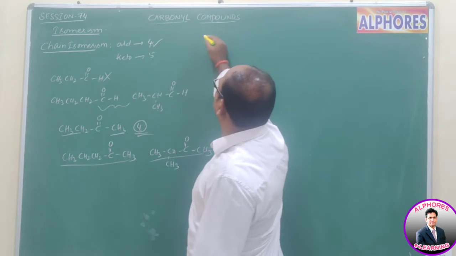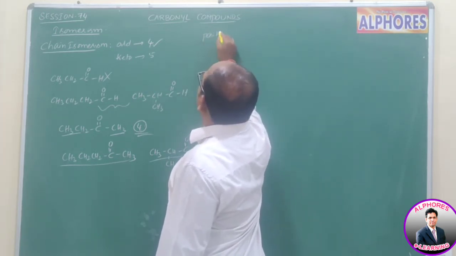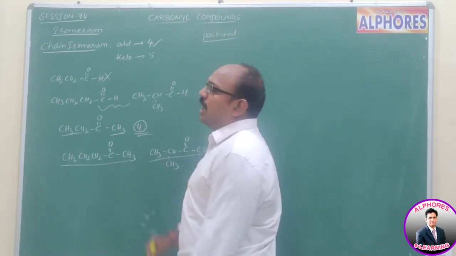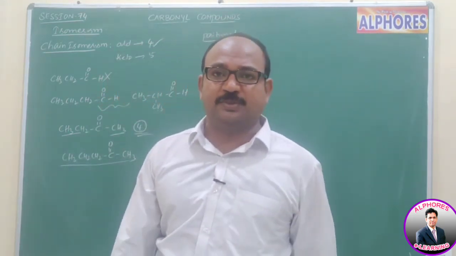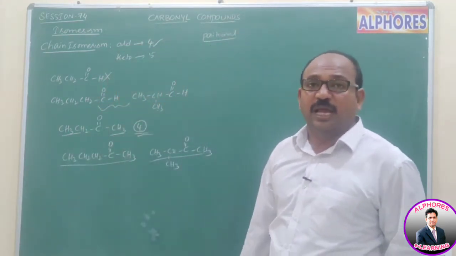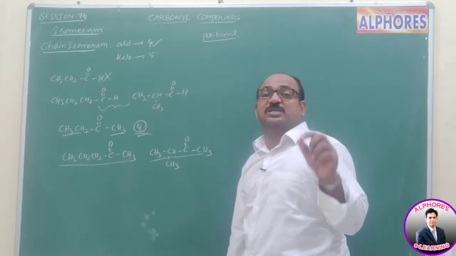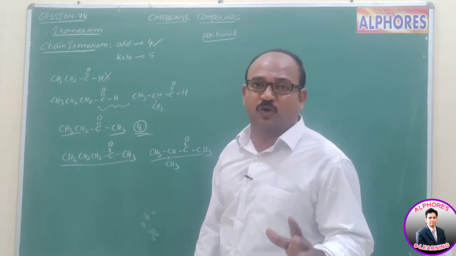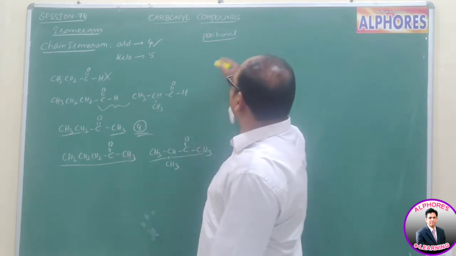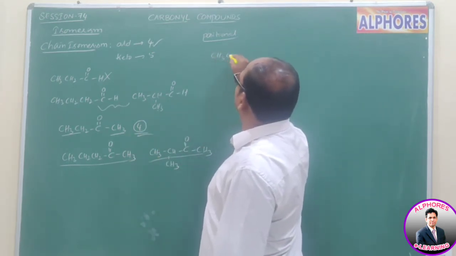Next, what about positional isomerism? Aliphatic aldehydes do not exhibit positional isomerism. Why, sir? As I mentioned, the aldehyde group is a chain terminating functional group. It always gets number 1, so it is not possible to bring it to the second position.